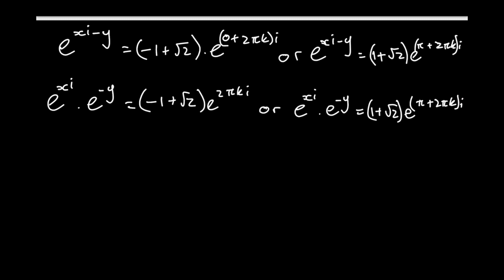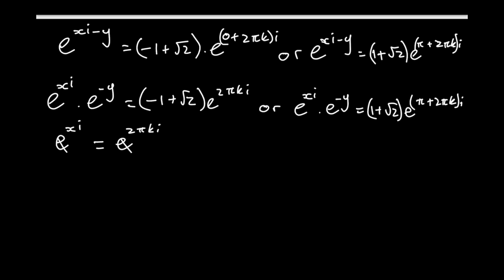First we'll equate the imaginary parts in the left equation, which means e to the xi is equal to e to the 2 pi k i. We can get rid of the bases because they're the same, and we have xi equal to 2 pi k i. Divide through by i, and we're left with x equal to 2 pi k.